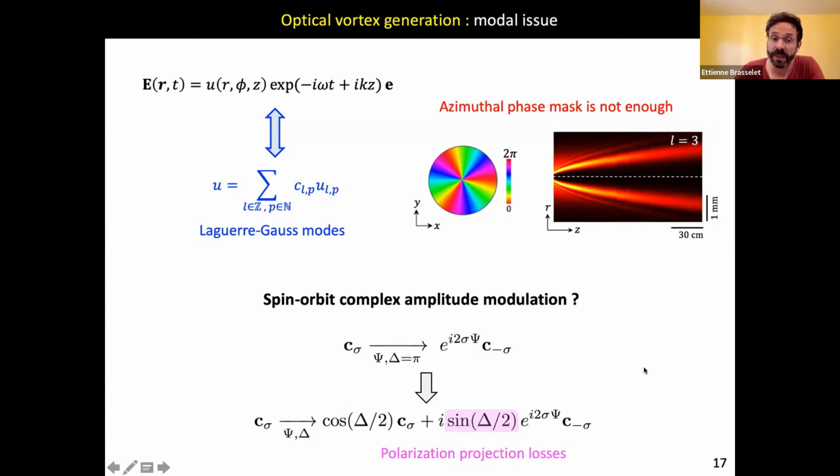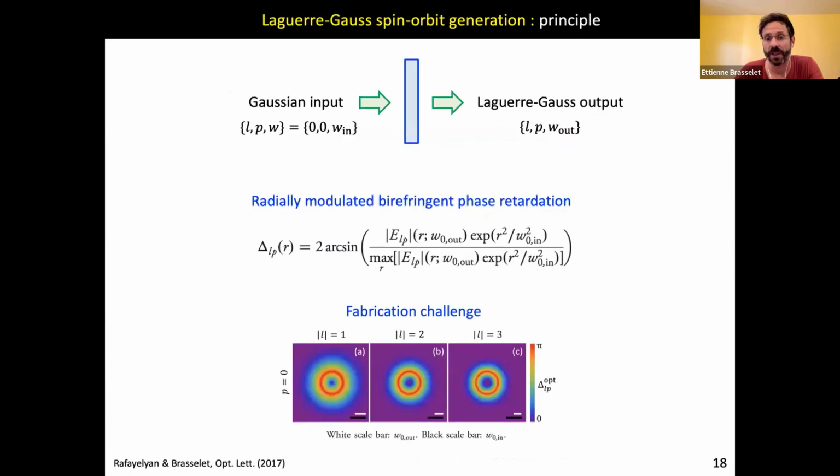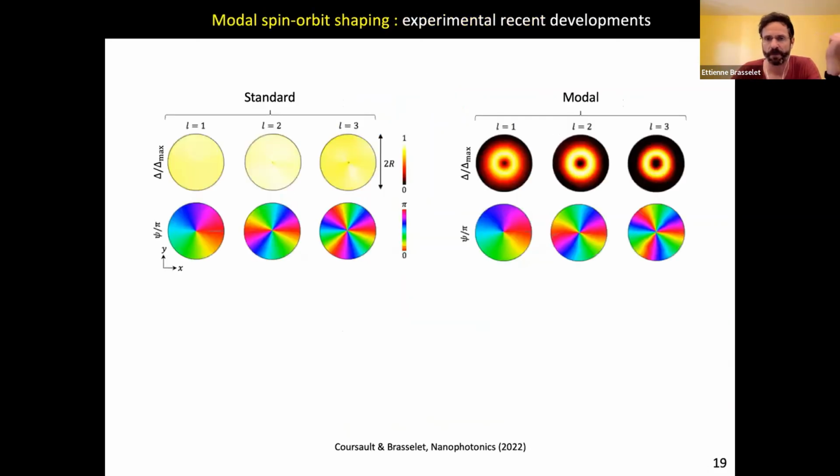And then you have spin orbit capabilities addressing complex amplitude modulation. We developed a recipe. I will skip that slide. It's just to tell that there is a theoretical background in order to shape properly the structure of an inhomogeneous anisotropic optical element in order to have at the output a given mode, for instance, a Laguerre-Gauss beam with given L, P, and a given waist.